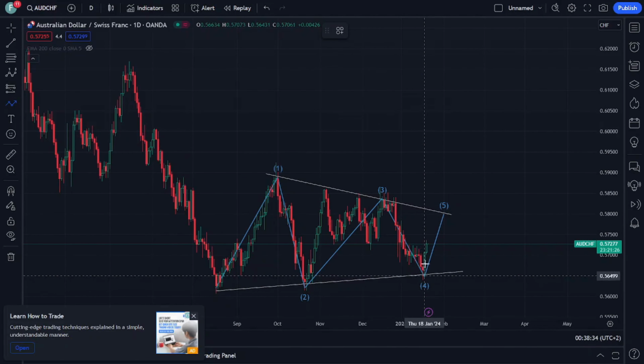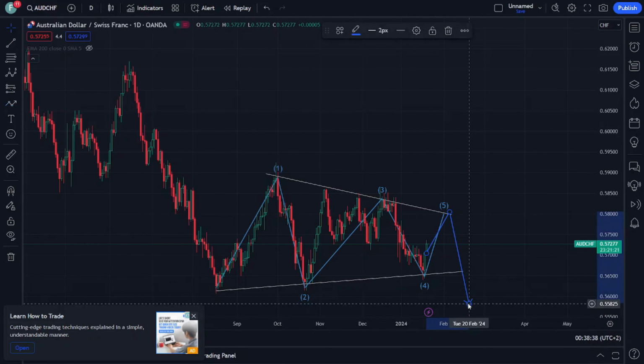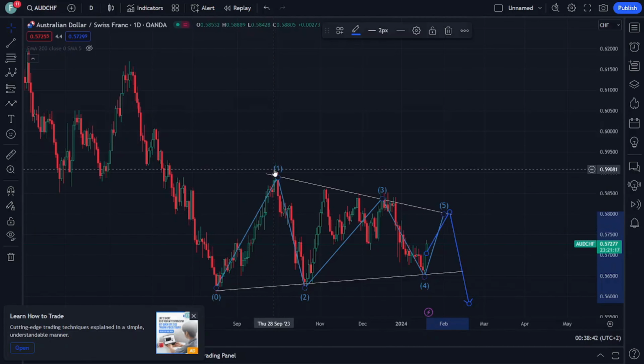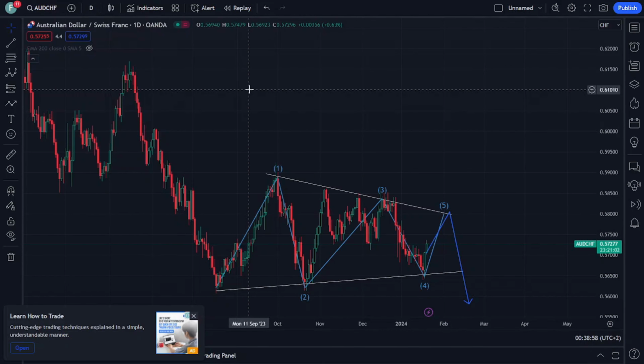Meaning from here, once the price pushes up to 5, we're looking at long-term sells, or even something of this size. Either way, it's a sell and a breakout, so we're expecting this pattern to be broken. Normally when I do analysis, I use 2 time frames.